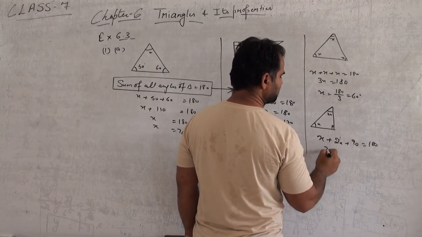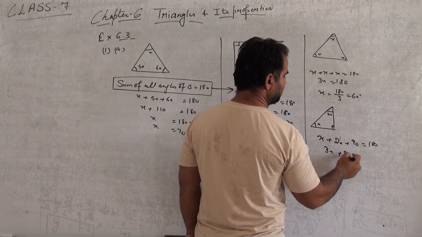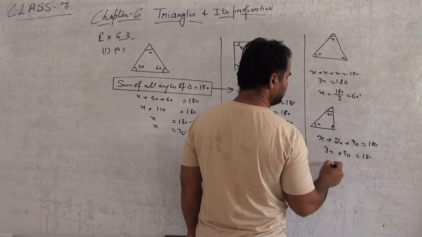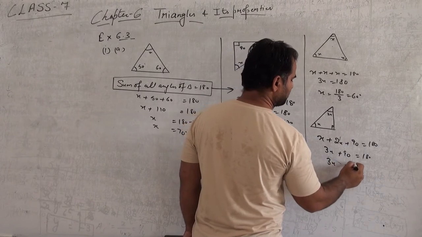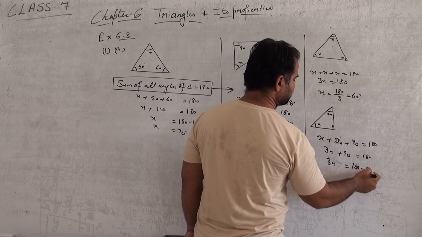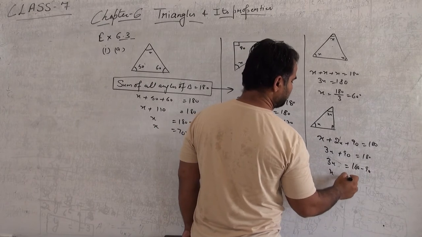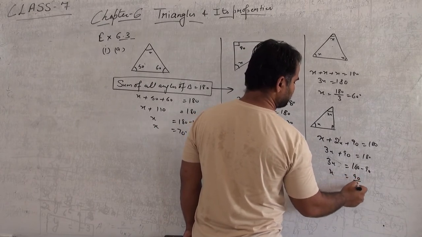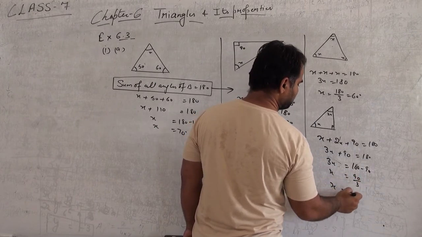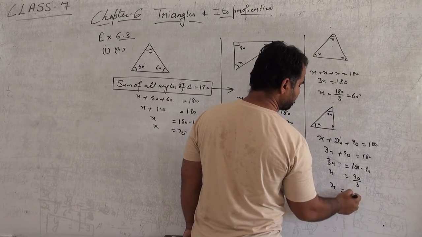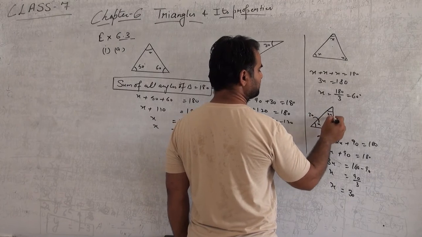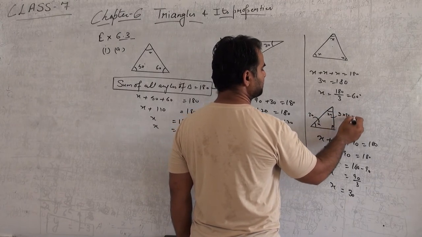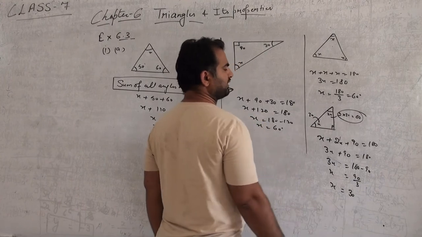X plus 2x is 3x plus 90 equals to 180. So 3x will be 180 minus 90 and x will be 90 upon 3. So x will be 30 degree. So this angle was x, so it will be 30, and this was 2x, so it will be 2 into 30 equals to 60 degree.